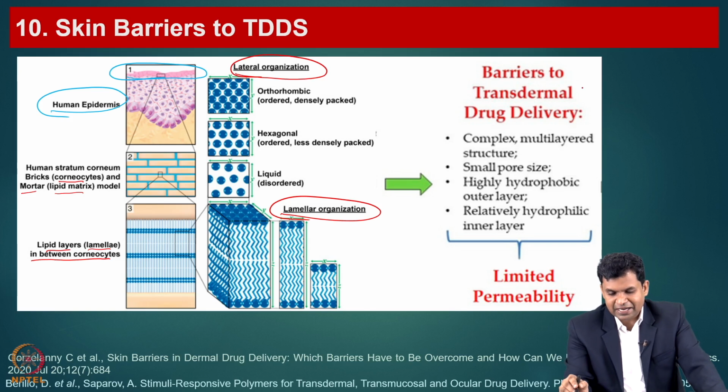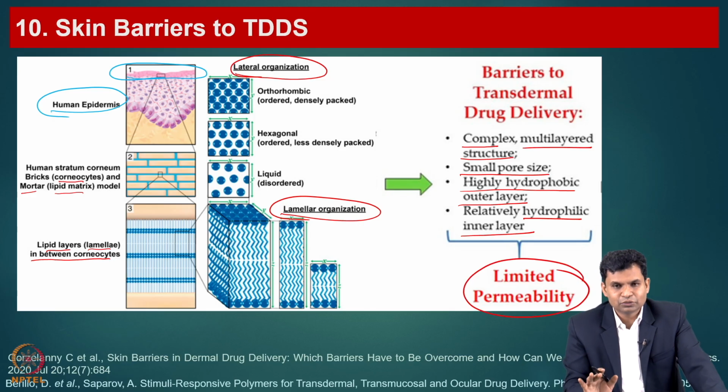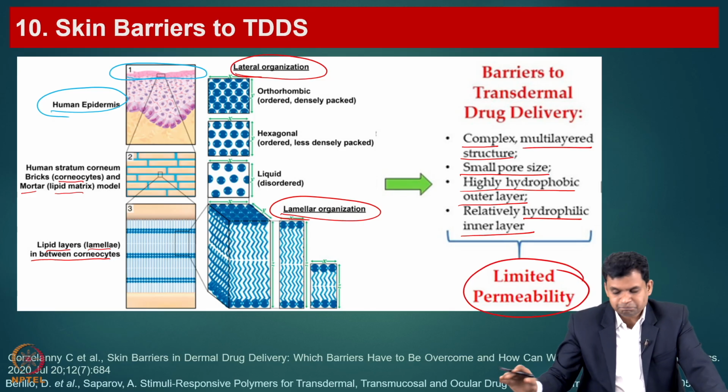Now, you can see the barriers to transdermal drug delivery: complex multi-layered structures, small pore size, highly hydrophobic outer layer, relatively hydrophilic inner layer. So, this completely leads to the limited permeability of the molecules through the skin.